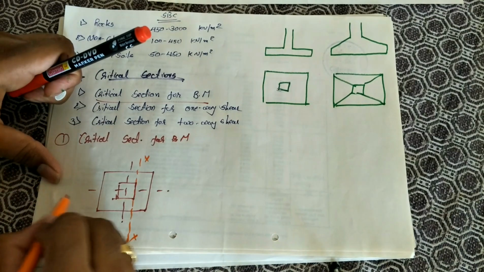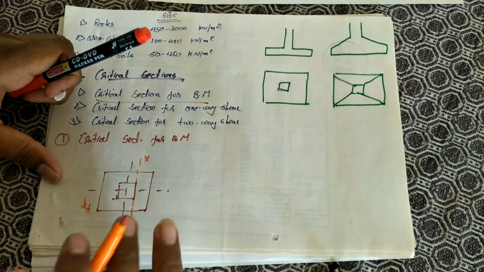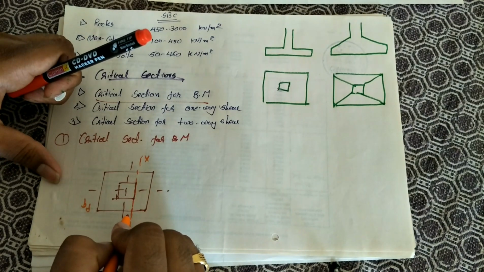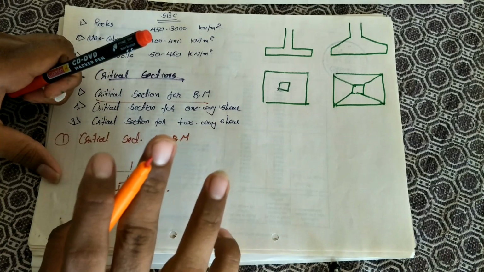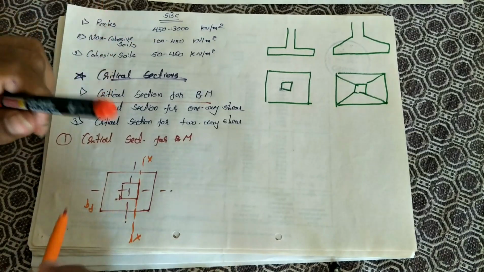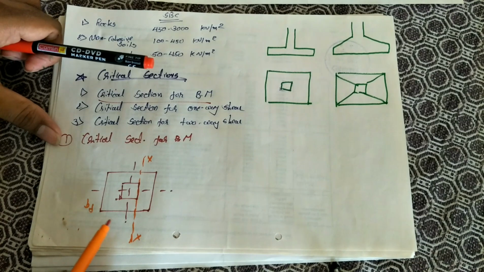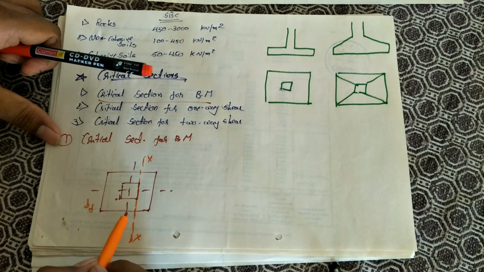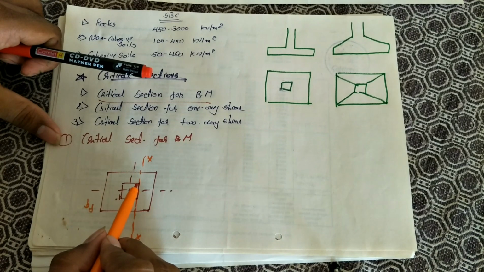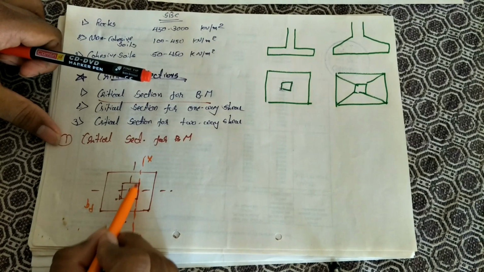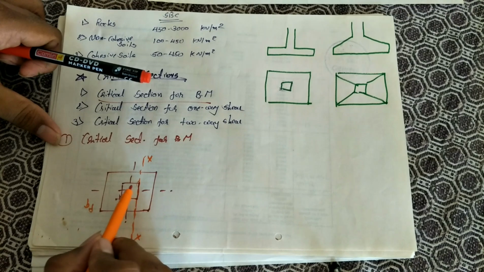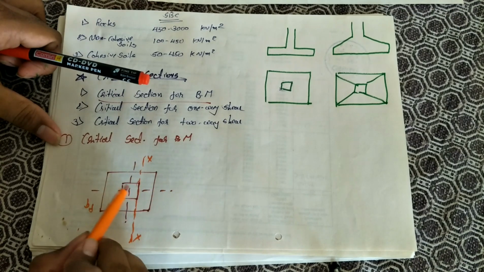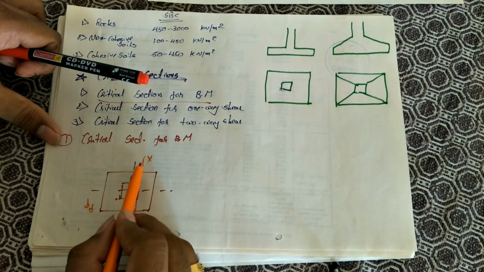This is the width of the footing. So at the face of the column, the critical section is considered. If the column is rectangular, critical sections are in XX and YY direction on the face of the column, and the higher value of bending moment is used for design.